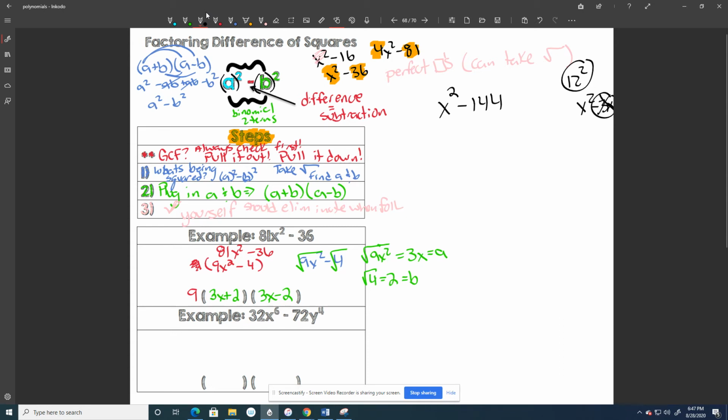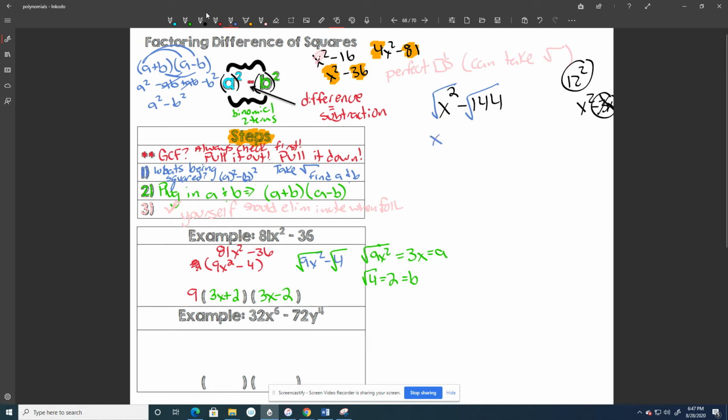So step one, always, well, I guess pre-step one, greatest common factor. Nothing common between x squared and 144. So we don't need to worry about that. So we need to look at what is being squared. I'm going to take the square root of this and the square root of this one. When I take the square root of x squared, I get x.